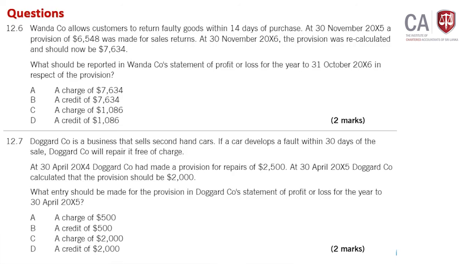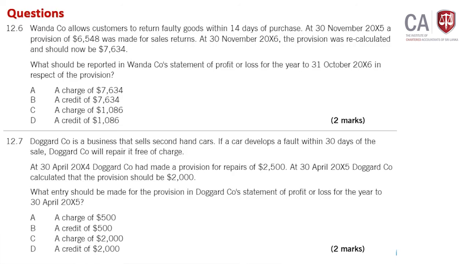Question number 7. Dogged company is in the business of selling second-hand cars. If a car develops a fault within 30 days of sale, the company will repair it free of charge.